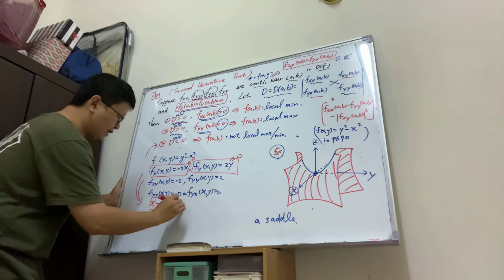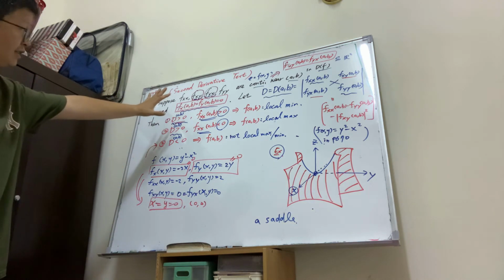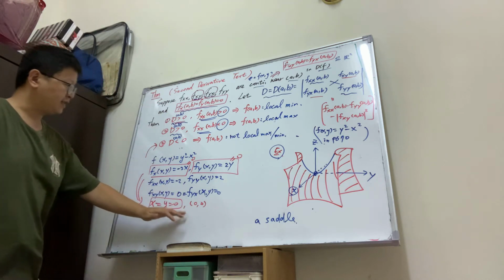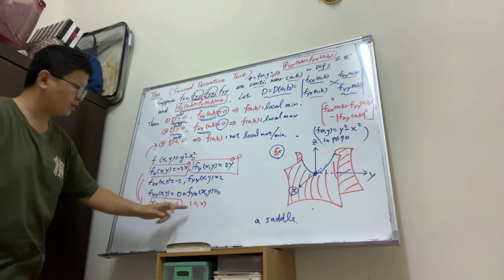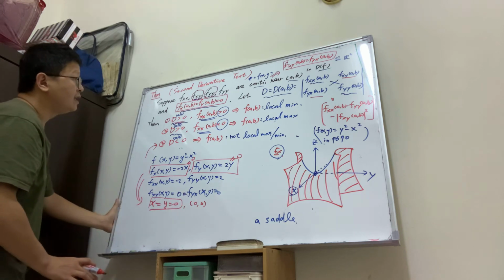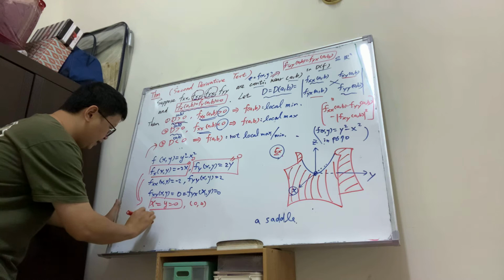So just consider this point (0, 0). If you want to use the second derivative test, we can only consider this one. We just have this assumption, and for this assumption we just have this point.